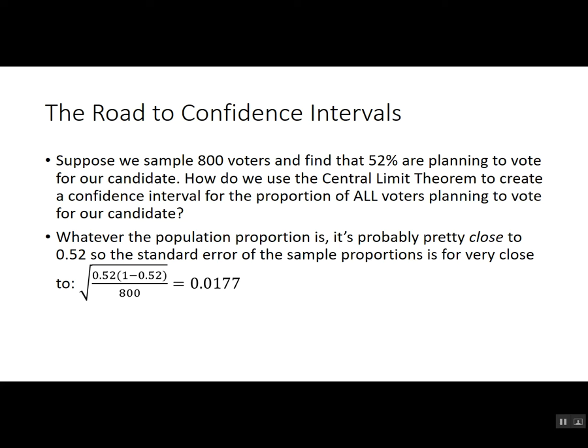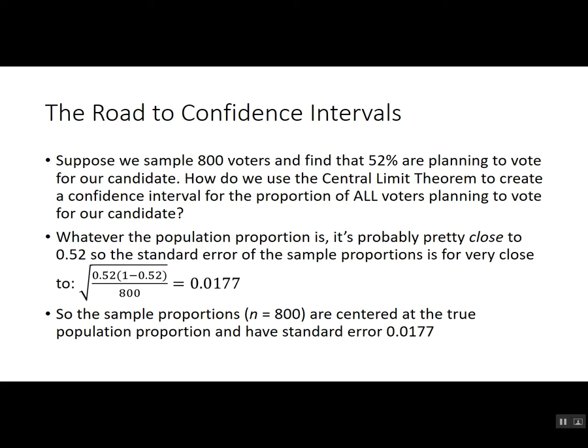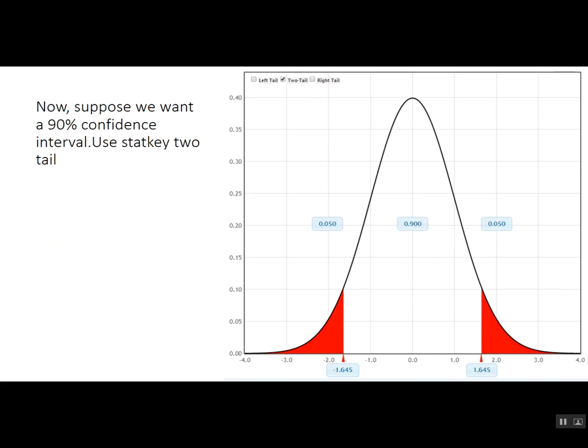So the standard error of the sample proportions is very close to the square root of 0.52(1 minus 0.52)/800, that yucky formula, which is 0.0177. So the possible sample proportions for n equals 800 are centered at the true population proportion, the thing we'd like to know, and have standard error 0.0177.